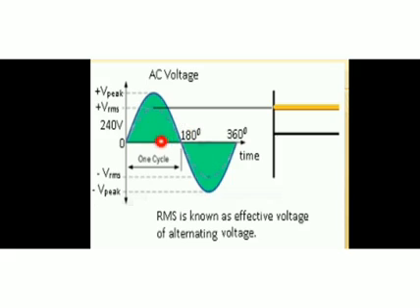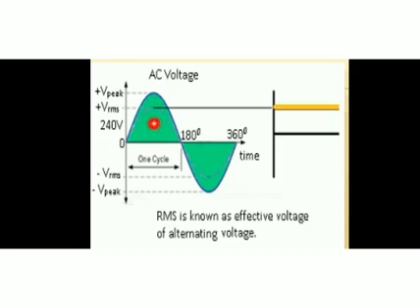And this graph helps us compare the peak voltage, V peak or Vm, and the RMS voltage. I had told you the amplitude of RMS voltage is always less than the peak voltage, and the amplitude of RMS current is always less than the peak current. From the graph it is very clear. This is the amplitude of peak voltage and this is the amplitude of RMS voltage.